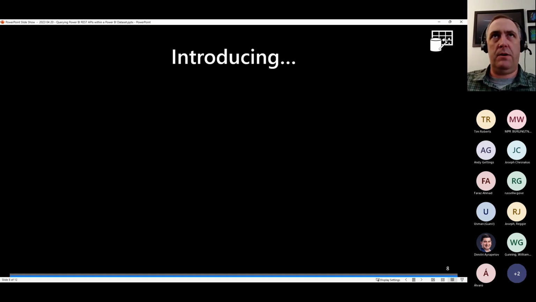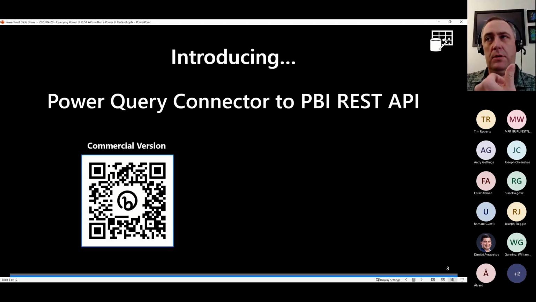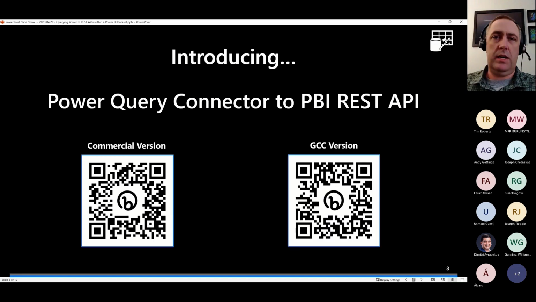There's a couple of Power BI connectors out there, but what we really struggled with is having all the available data to us, plus having it available both for commercial and the GCC environments. And so we put together a Power Query connector to the PBI REST API that's available on GitHub right now through the commercial, or you can download this if you're running in a GCC environment as well.